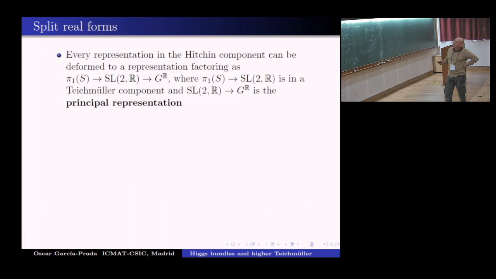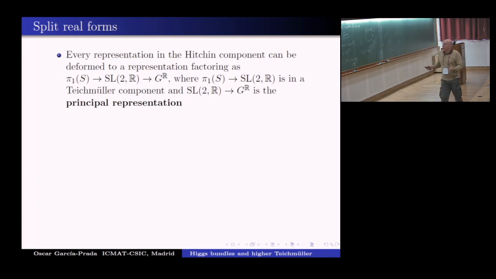You have the so-called principal representation of SL(2,R) into G_R, right? And the representation deforms to one that is a Fuchsian representation here.